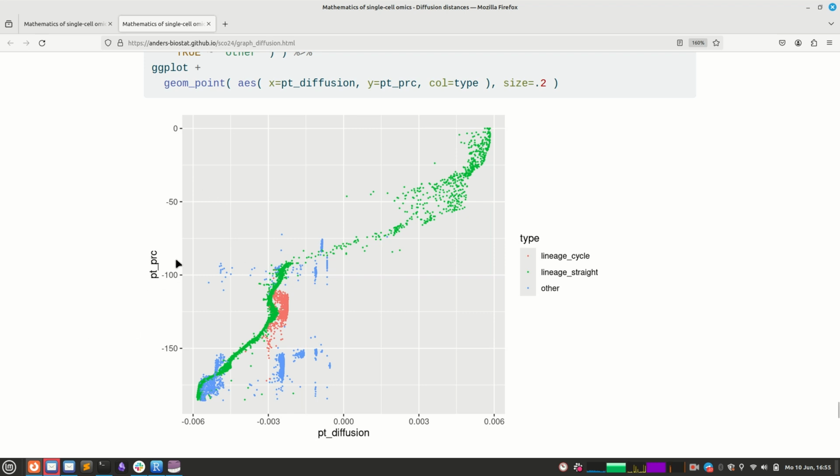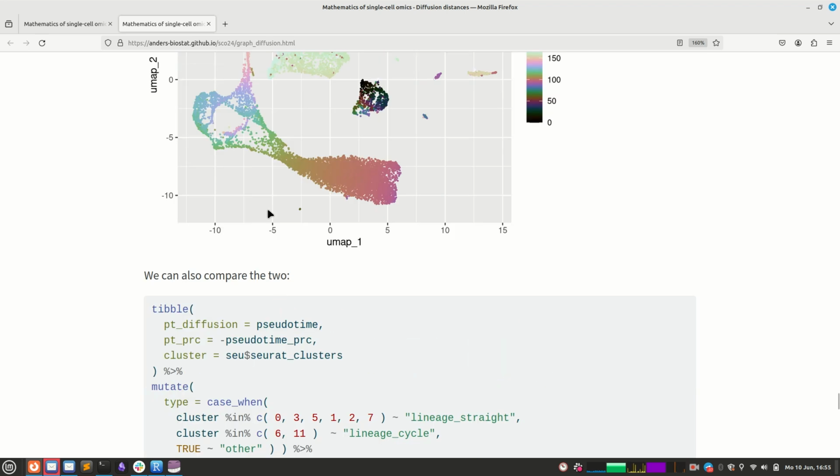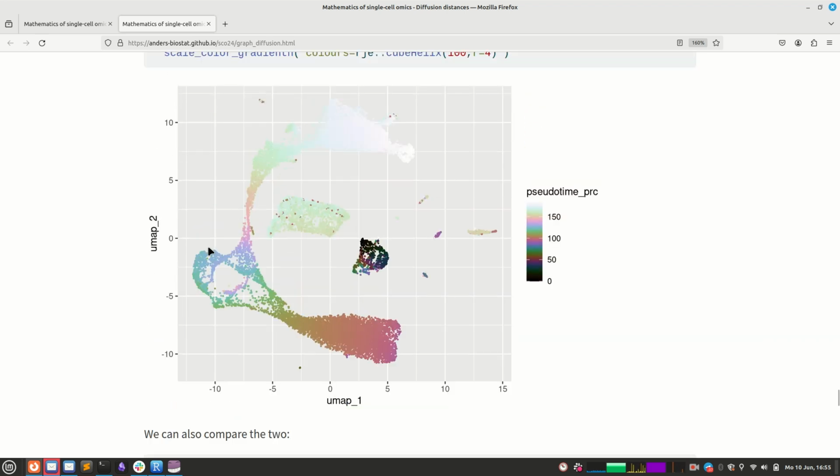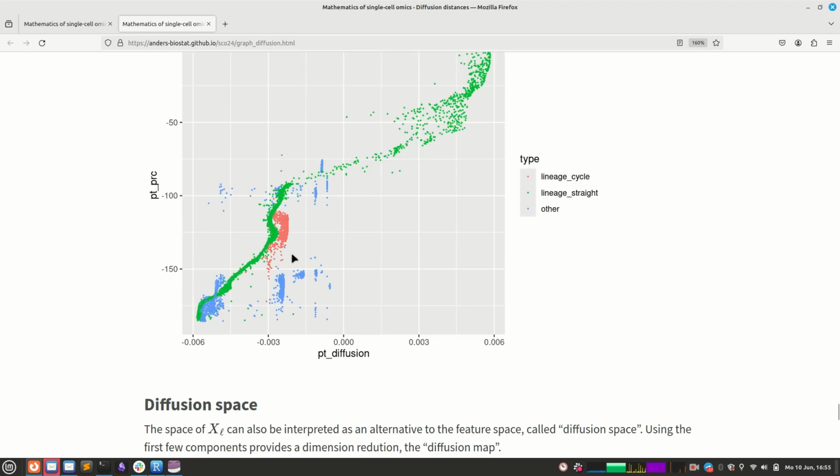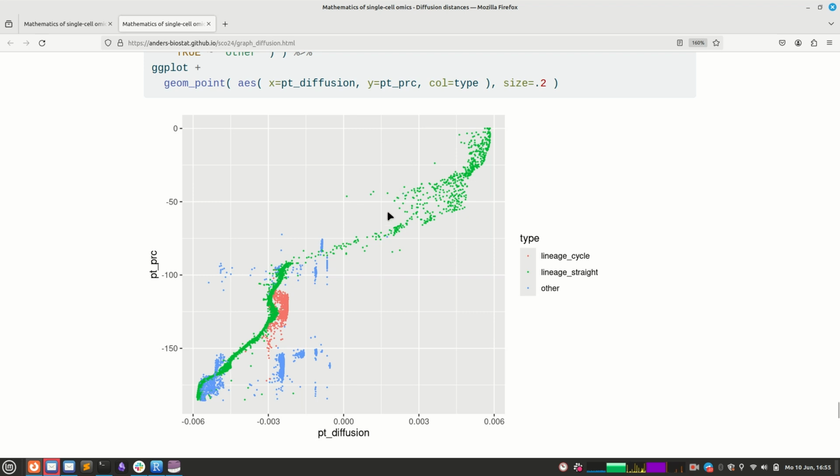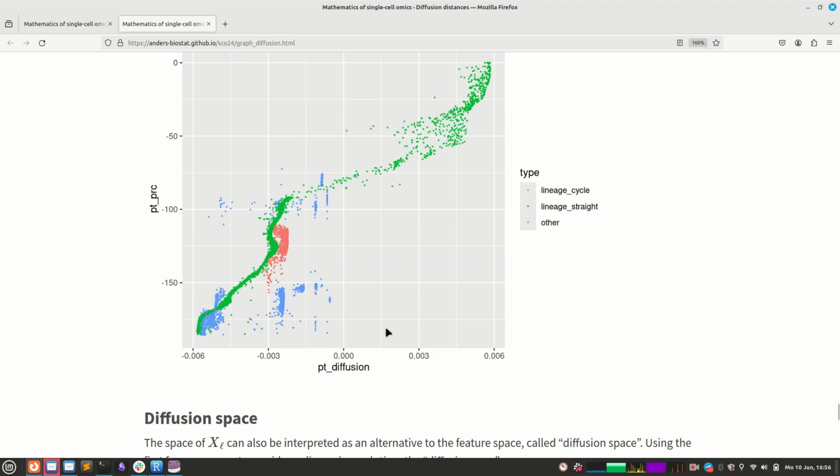And on the y-axis, the principal curve pseudotime. And as you can see, it sort of agrees quite well. Here in the cell cycle, of course, there's some confusion about whether the curve goes this way or that way. But overall, it works reasonably well. And here it also works reasonably well, except for these cells here, which seem to be a bit unclear about that.